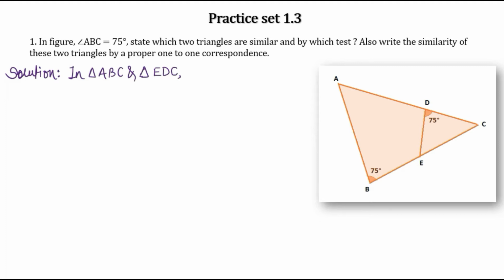Now the next step is angle ABC is congruent to angle EDC. Why? Because these two angles have the same measure.